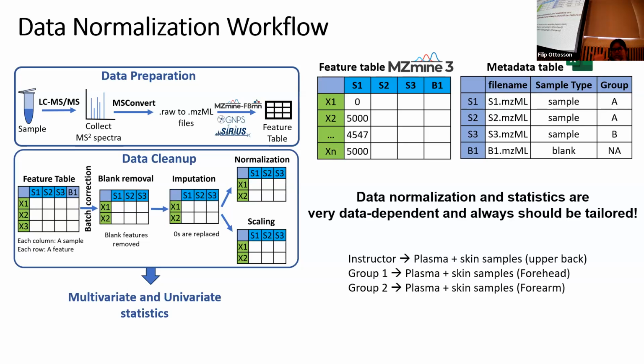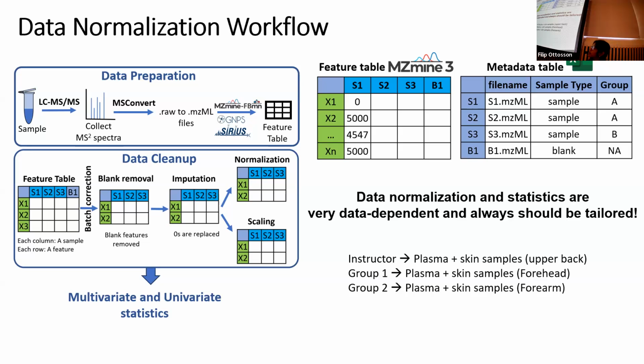And once you've got your data cleaned, then you could also perform multivariate and univariate stats and visualize your data, which will be covered in the upcoming session. And a disclaimer: all these data normalization and statistics are very data dependent. You have to have a clear idea of what data you're giving in, and it should be tailored. There's no one perfect way for all kinds of data.